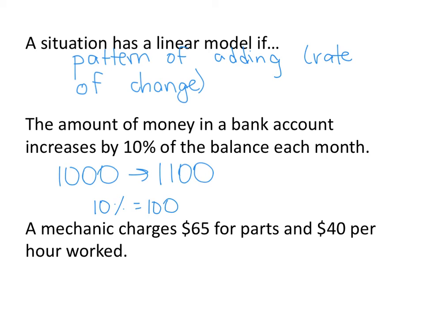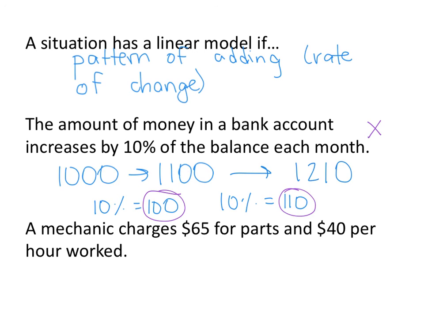If we start with $1,000, 10% is $100, so at the end of the month we add $100 and get $1,100. And then at the end of that month, 10% is now $110, so the next bank account balance is $1,210. But wait a minute. We didn't add the same amount each month. That's not a constant rate of change.